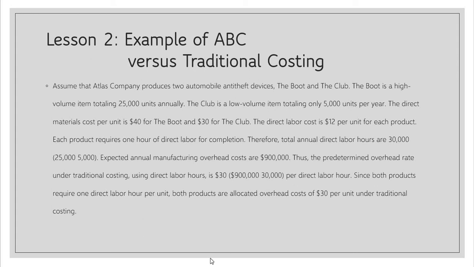Since both products require 1 labor hour per unit, both products are allocated overhead cost of 30 per unit under traditional costing. Okay, so let's now compute or calculate the unit cost under ABC.